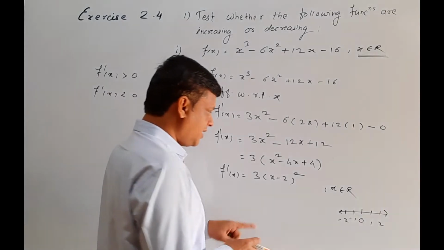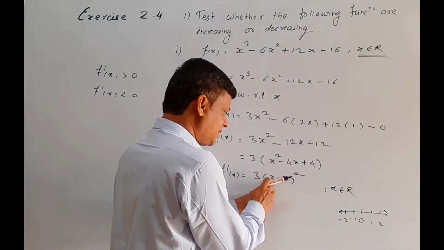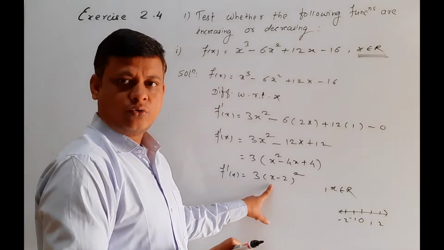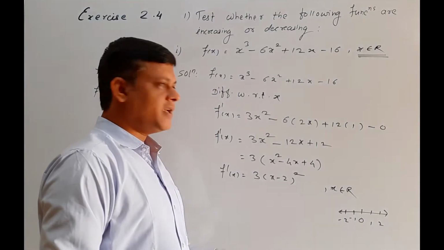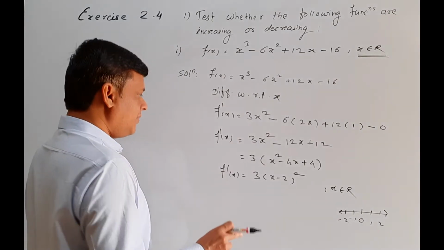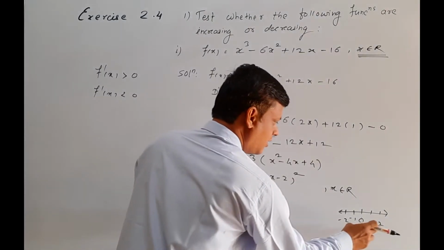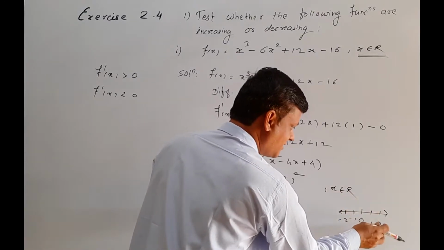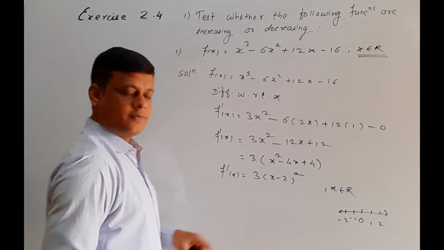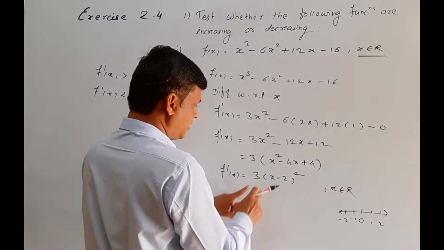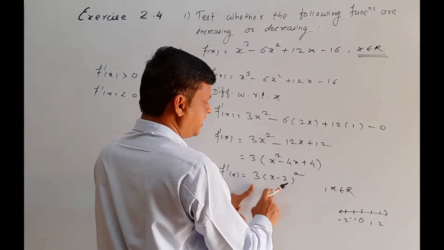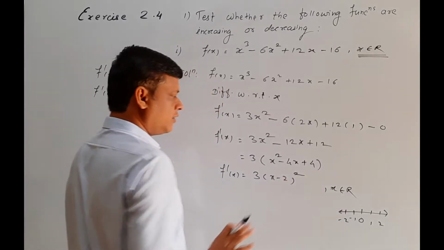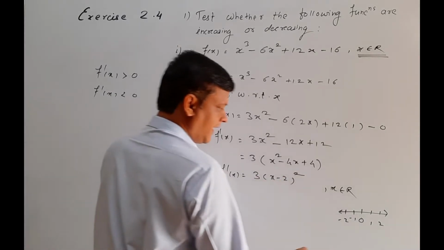If you observe, when we replace x by 2, we get 2 minus 2 which is 0. So f dash of x equals 0, which means we have to exclude x equals 2 from this set for checking the increasing or decreasing function. So except 2, we check the next value.